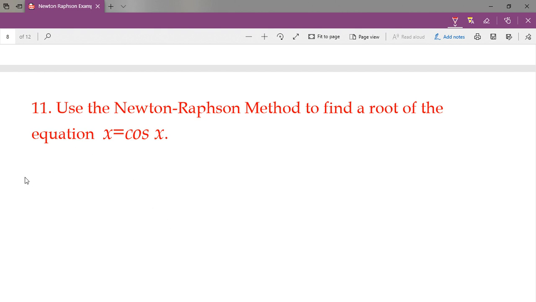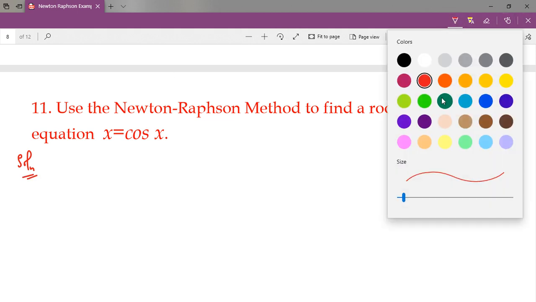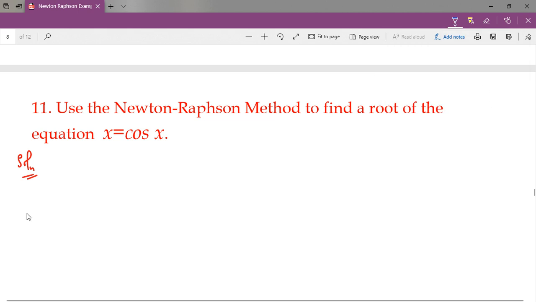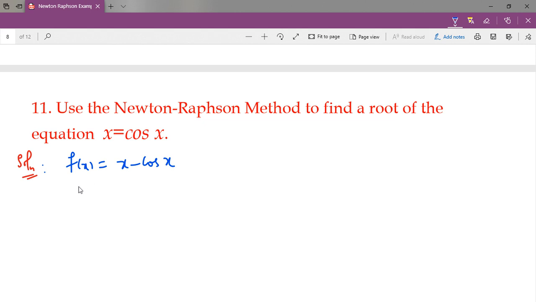They have not given any number of decimal points, so let us solve this for 3 or 4 decimal points. What is f of x we have? That is x minus cos x. So what is f of 0? F of 0 is minus 1, so that is negative. And what is f of 1?